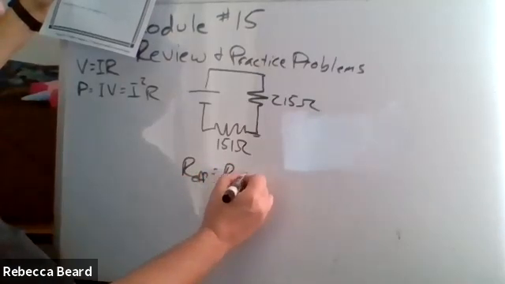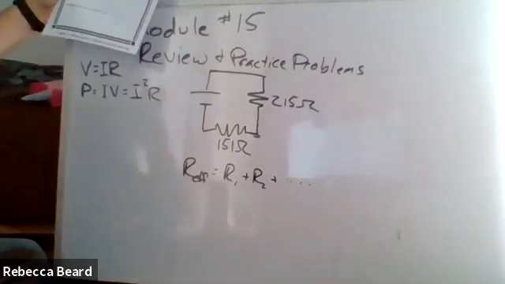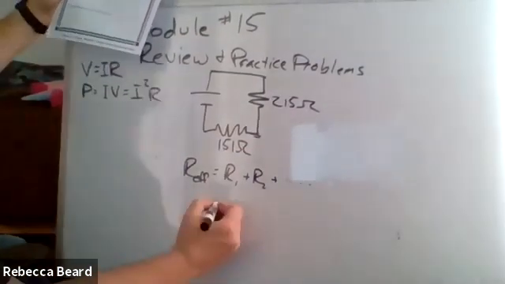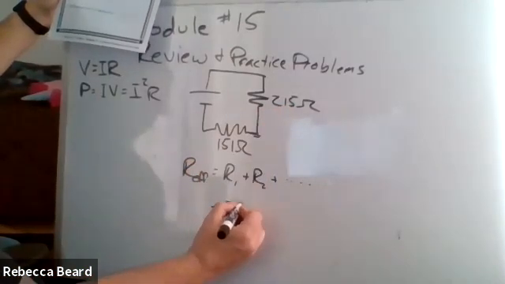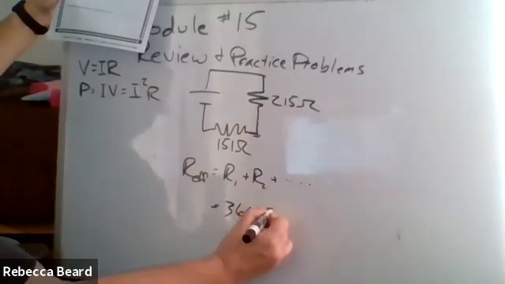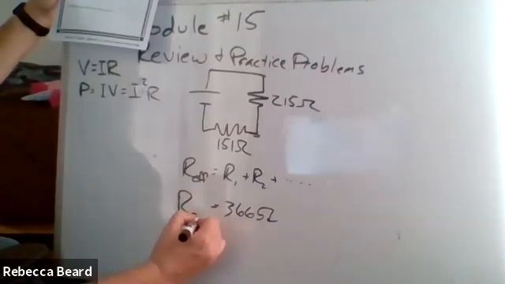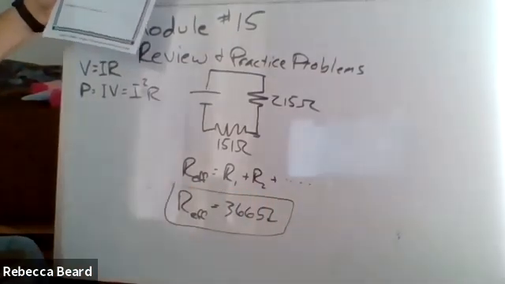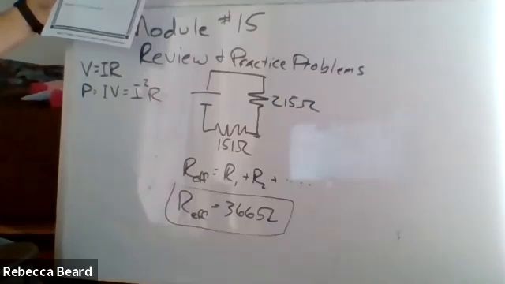Well, in that case, it's just R1 plus R2 plus R3 plus R4 plus R5, whatever. So you just add them all up. So in this case, 151 plus 215 is going to be 366 ohms. All right, cool. Nice and simple.